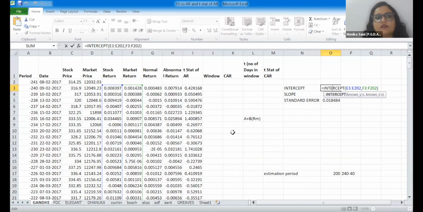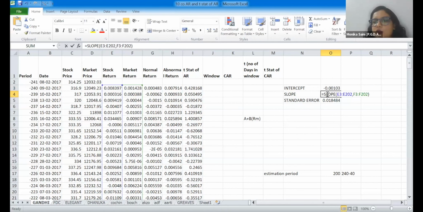So I have taken from -240 to -41. That is my 200 days of estimation period. After that, I'll be calculating the slope in similar way, equals to slope and known y. Y is my stock return data, and my independent x is the market return data. So after doing this, we can calculate our normal return.